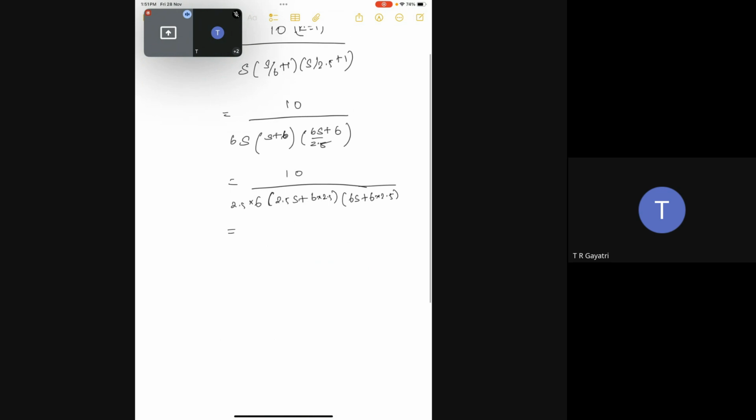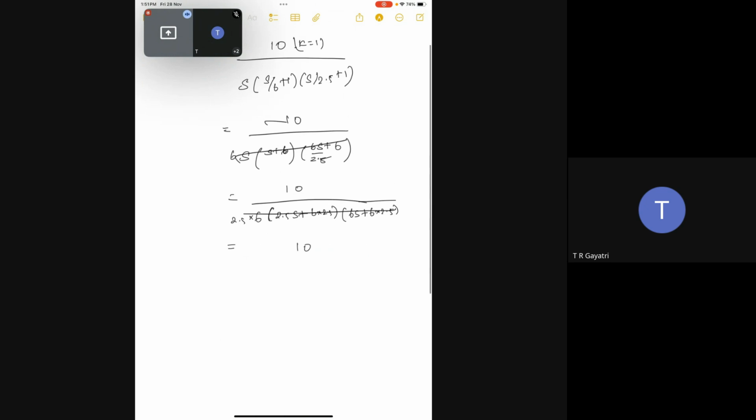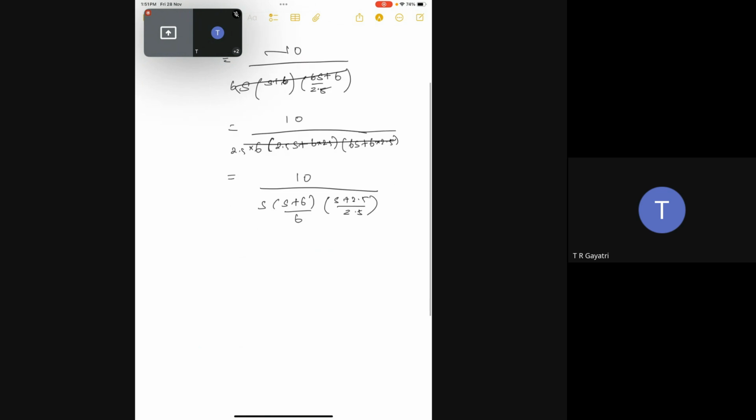Okay, again, why do we need to complicate this much? I can do this like this, right? S plus 6 by 6, plus 2.5 by 2.5. 10 by S into S plus 6 into 2.5 into 6 into 2.5, right?